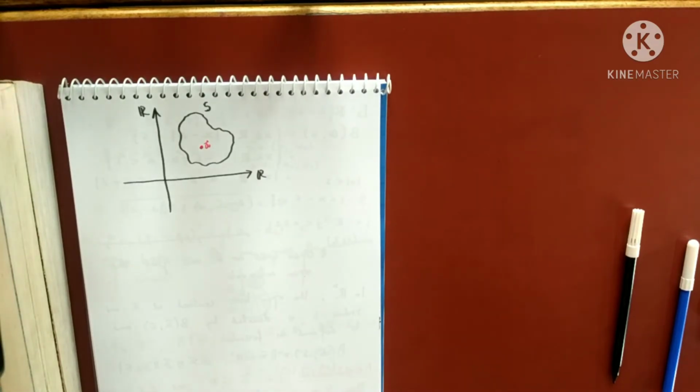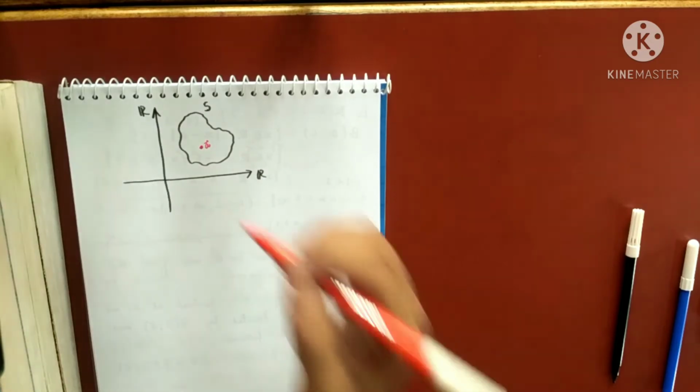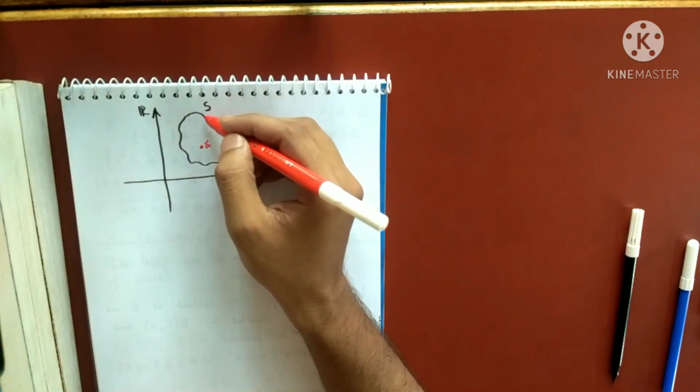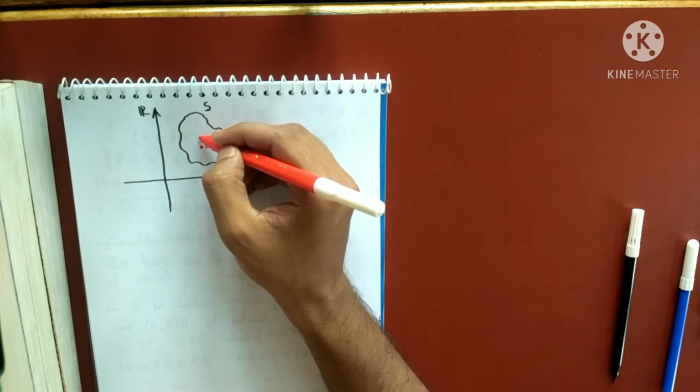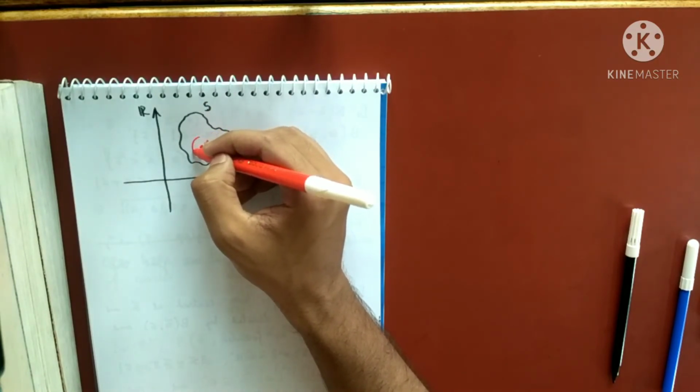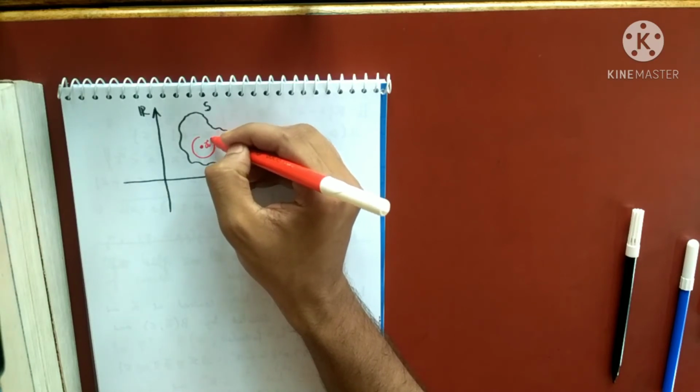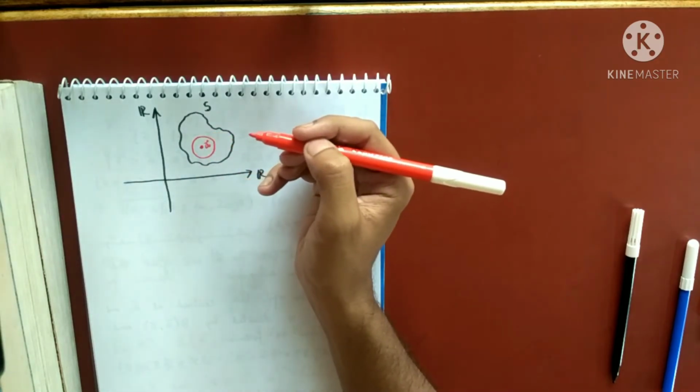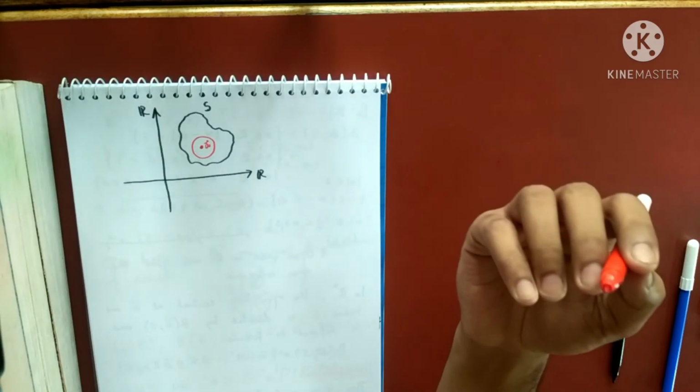Why is S a neighborhood of A? What was the condition to be a neighborhood? I can find an open ball having some radius, and that open ball should be inside S. Look at the definition.